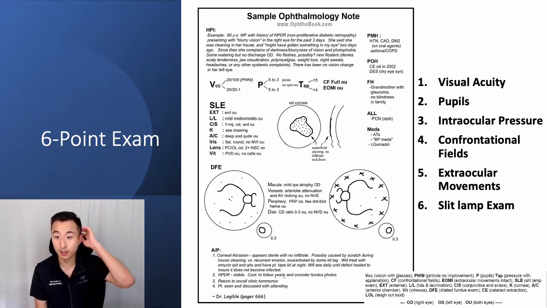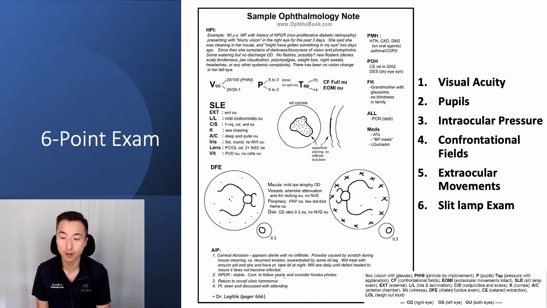Off the top of my head, some conditions where it's really important not to dilate the patient before getting them reviewed by someone more senior would be cases of uveitis, for example, just because dilation in itself can alter the amount of cells or particles in the anterior chamber, which we'll get into.